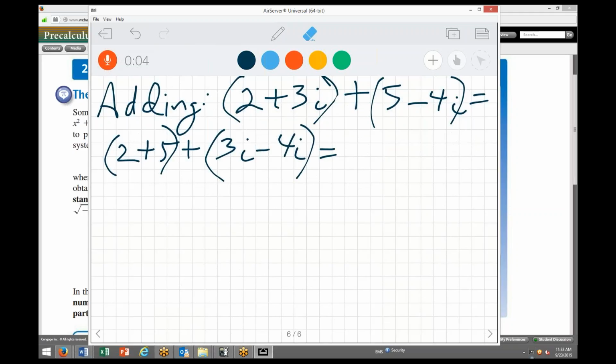And just like with variables like x or y, if the coefficient is 1, we drop the coefficient. It's just minus i. So 2 plus 3i plus 5 minus 4i is 7 minus i.